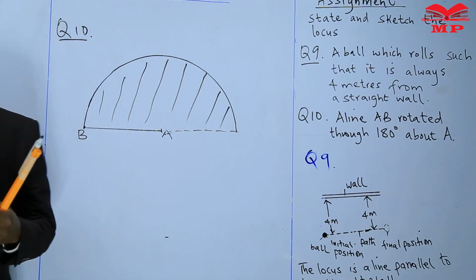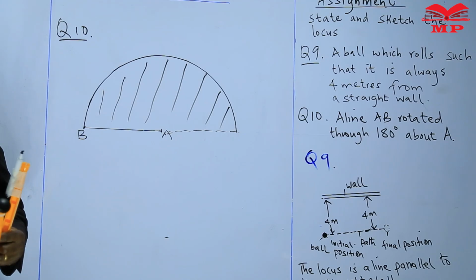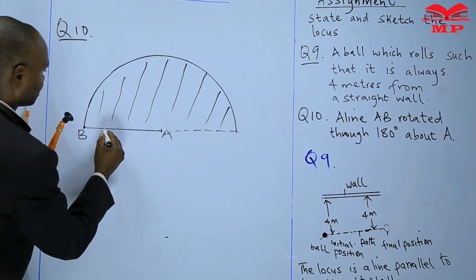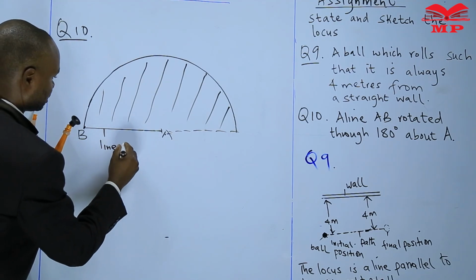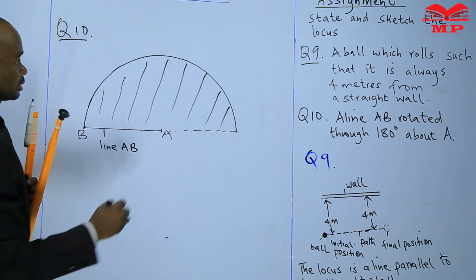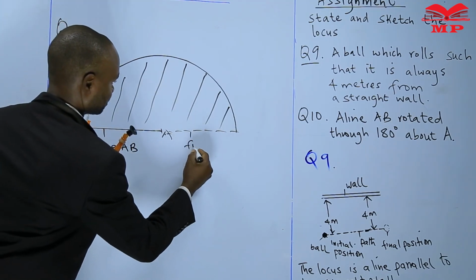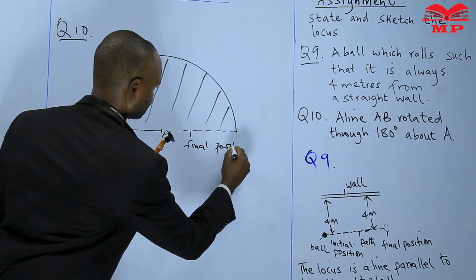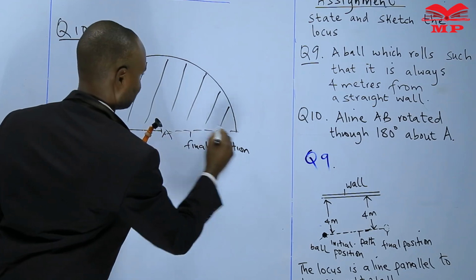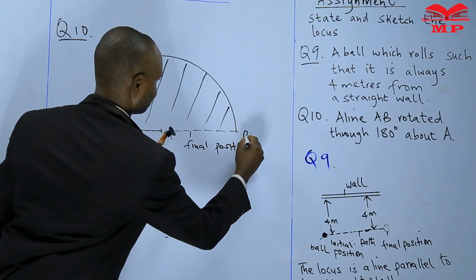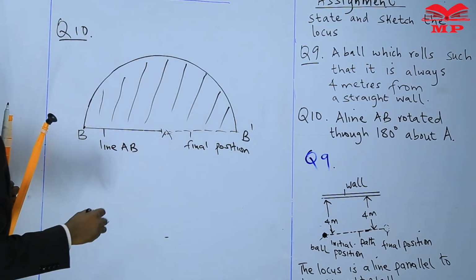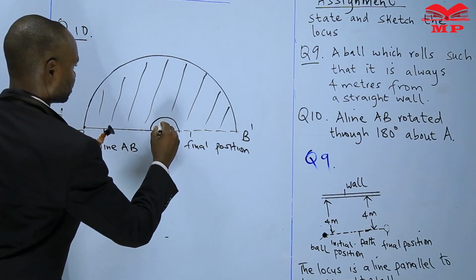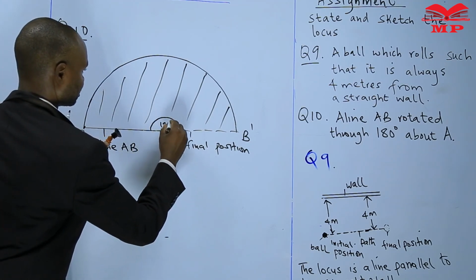So you can say that is line AB, and this is the final position. A remains, and this can be B prime. You are given a law there: it sweeps through 180 degrees.